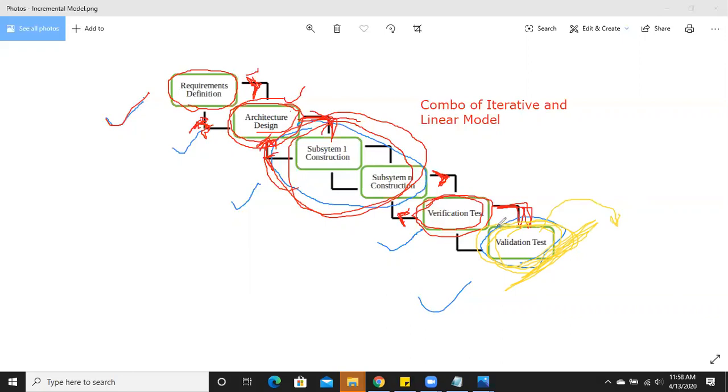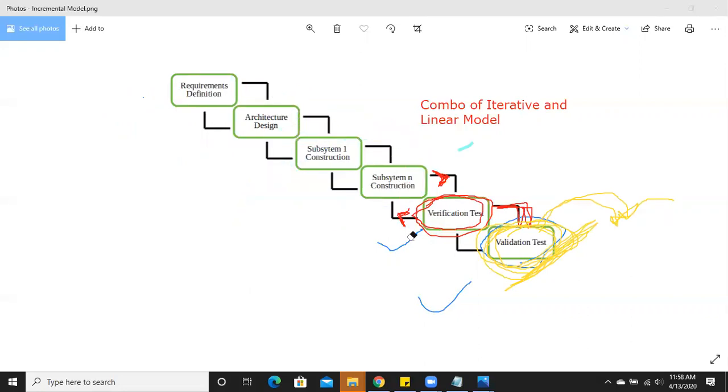If I am developing software, I have to install it, right? So the validation team, or the maintenance team, will install our product into the working environment of that particular client. So this is all about the incremental model.